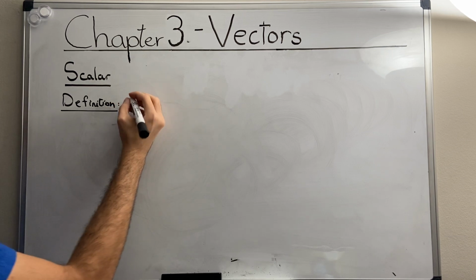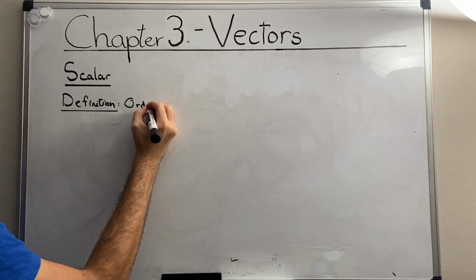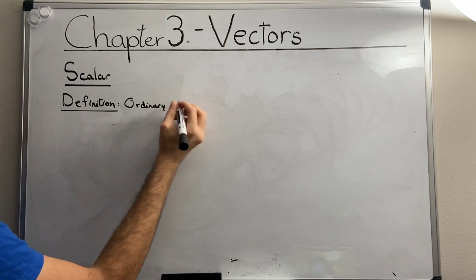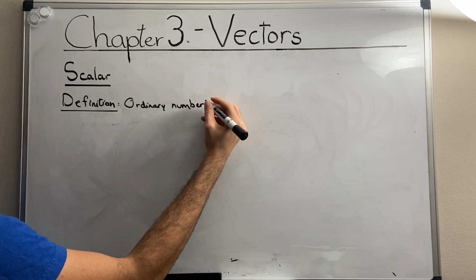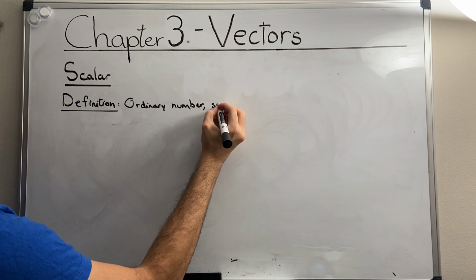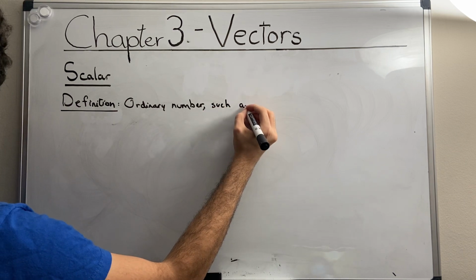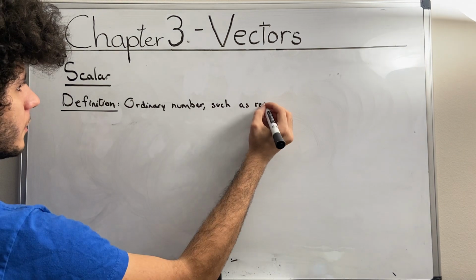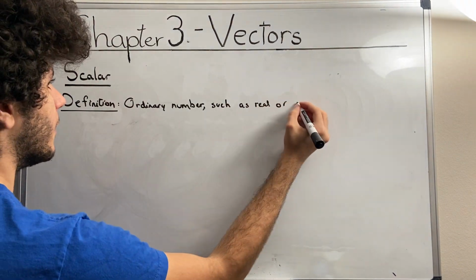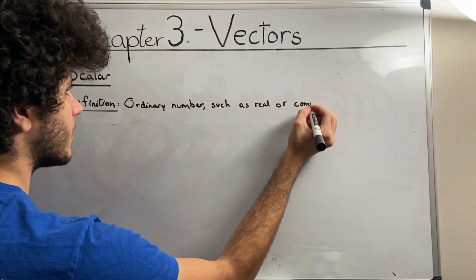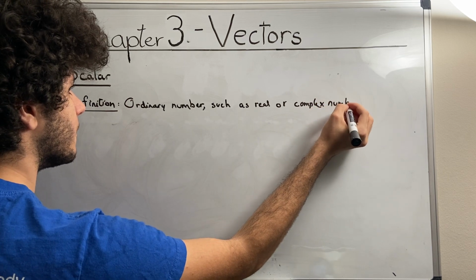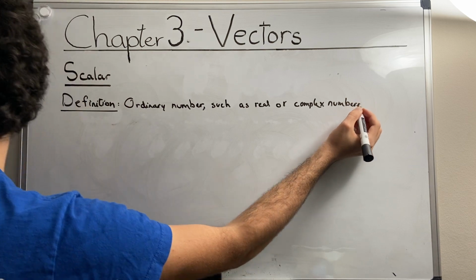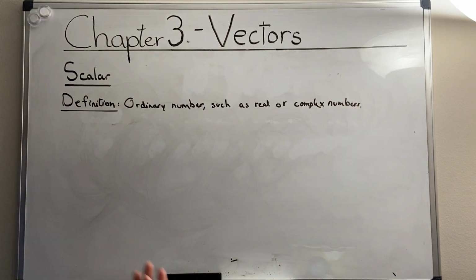It is an ordinary number, such as real or complex numbers, and that's it. It's literally a normal number.